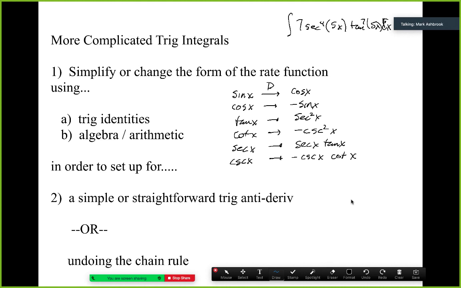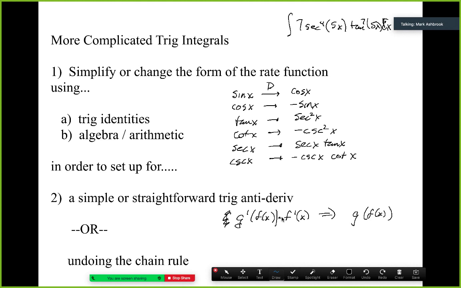Okay, so remember that in undoing the chain rule, we're looking for something like this, and we're going to recover g of f of x. So we're looking for the derivative of the inside.